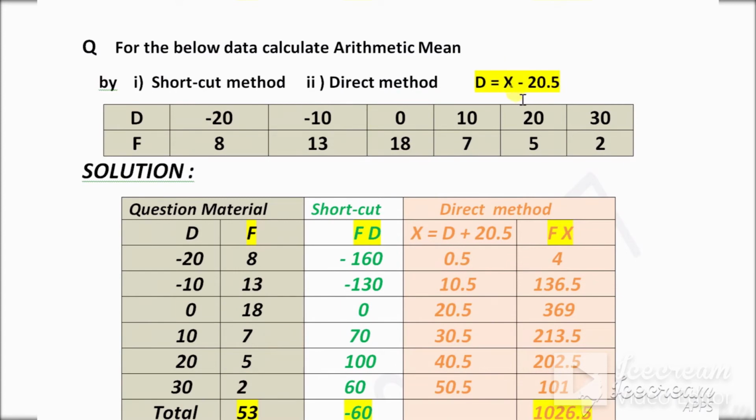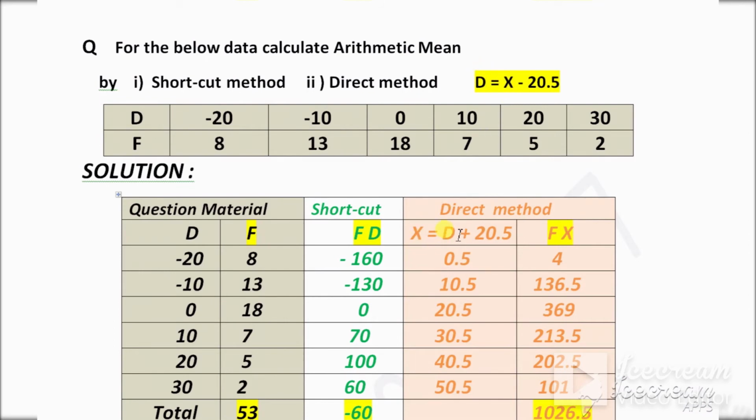Mathematically solve this one. This negative 20.5, when we change it to the other side, to the left side, will become plus. So when you change this number to the d side, negative 20.5 will become plus 20.5 with d.